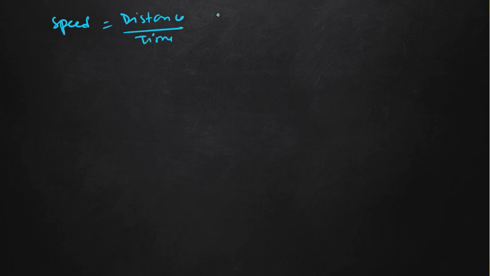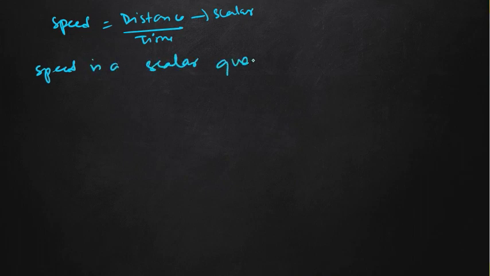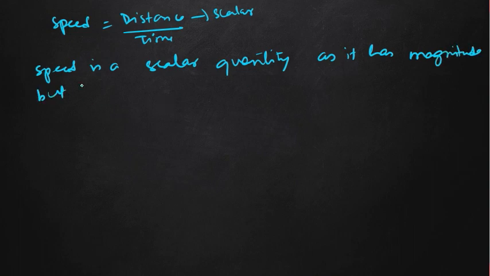As distance is scalar, and time is also scalar, that means speed will also be a scalar quantity, as it has only magnitude but no direction. Speed is a scalar quantity. Why? Because it has magnitude but no direction.